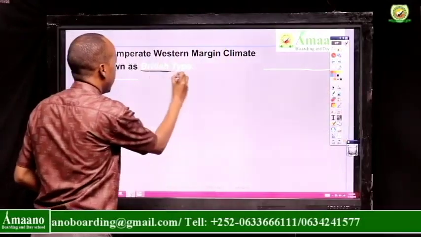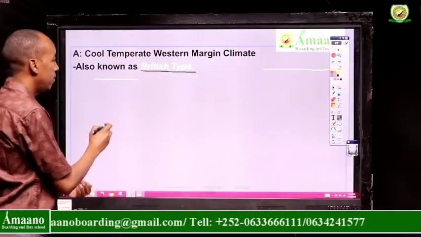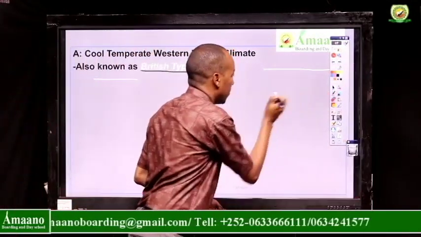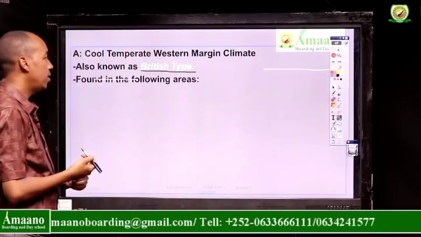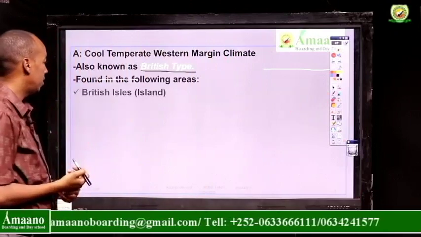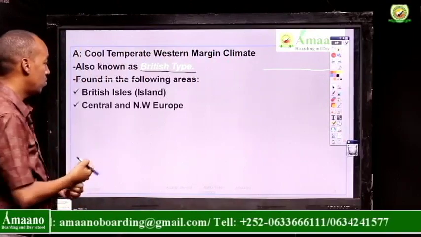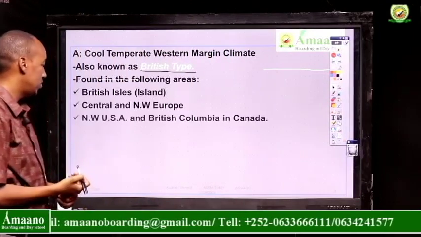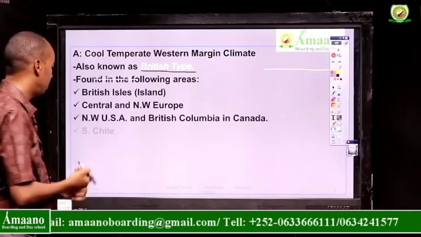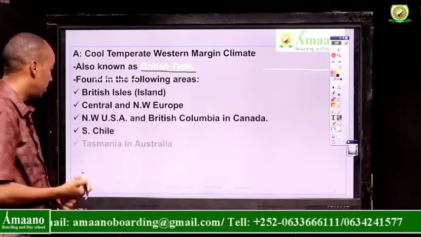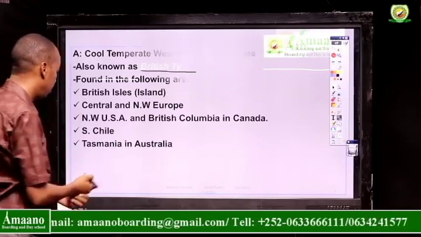So the cool temperate western margin, as you can see from here, is also called the British type. That's also the other name it is given. Okay, so now which areas are found? Here are the areas that are found: British Isles or islands, Central and Northwestern Europe, Northwest USA and British Columbia in Canada, Southern Chile, and at the same time Tasmania in Australia.